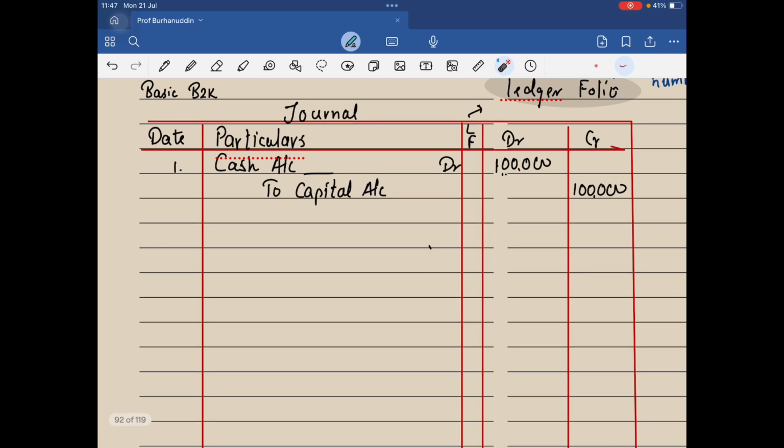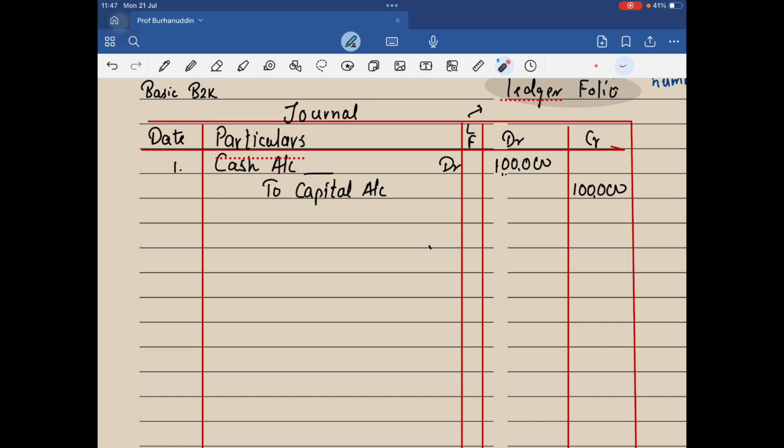Write whatever the account name is, that is 'To capital account' over here. There is no need for you to write credit. Prakash, I'm going to say it again and again because students tend to write credit. They think that sir has forgotten to write credit over there. Sir has written debit, but sir forgot to write credit. No, I haven't forgotten that. It is not written. The indication that it is being credited is by this 'To'.